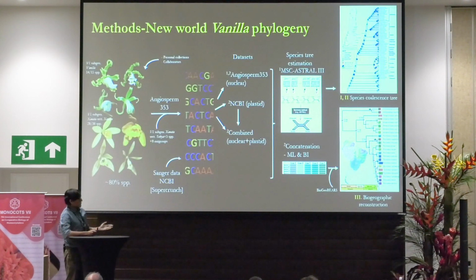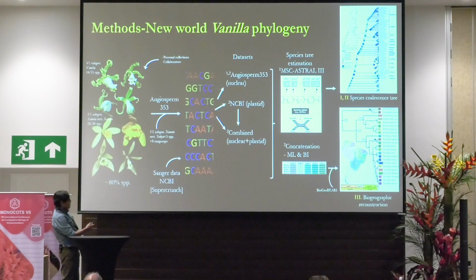This is part of the methods. I will not go into this section too much because I'm still learning, actually. I'm more of a traditional taxonomist, and these methods are really complicated for me at this point, but it's really exciting to be living in this era, witnessing these different algorithms and technology that allow us to sample entire genomes.